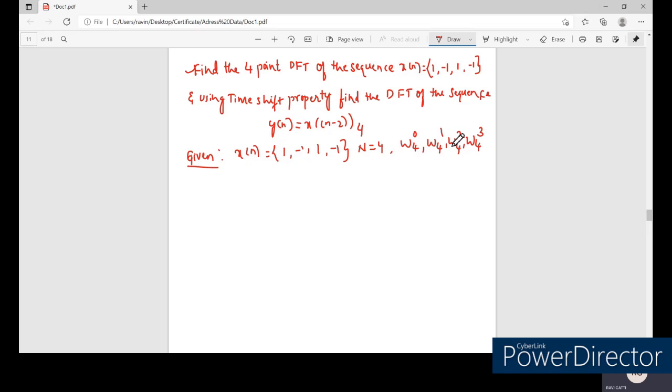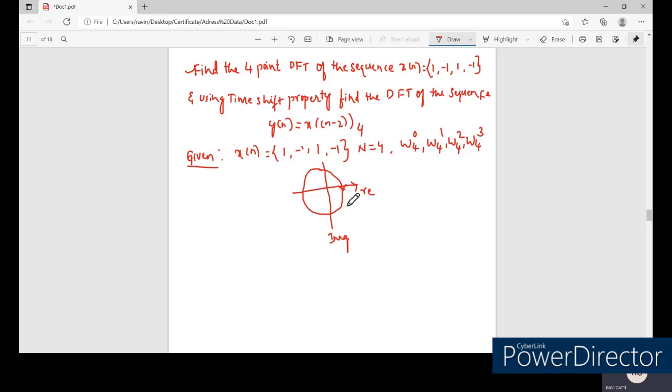One simple method to easily find the twiddle factors is as we did for the 8-point DFT. You draw a circle with radius 1, with the real axis over here and the imaginary axis over here.